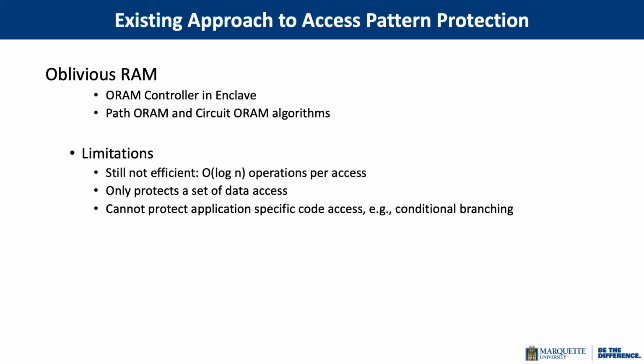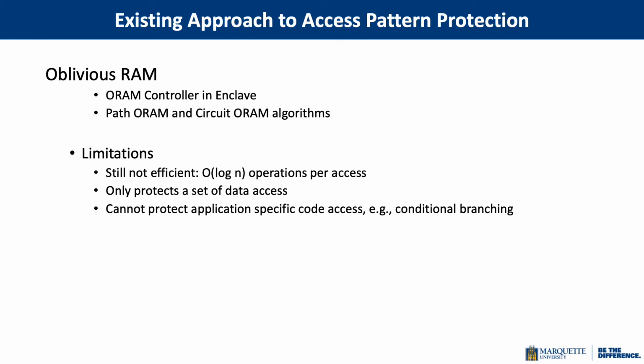This has a specific contribution because it achieved better efficiency than the classical ORAM setting, because it reduced the server-client communication, as the ORAM controller is kept in the enclave, which is itself on the server side. But it still has some limitations, because ORAM takes the order of log n operations to access each data block, which is still not efficient.